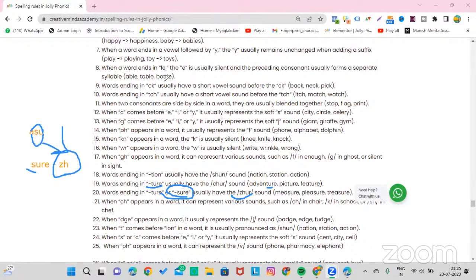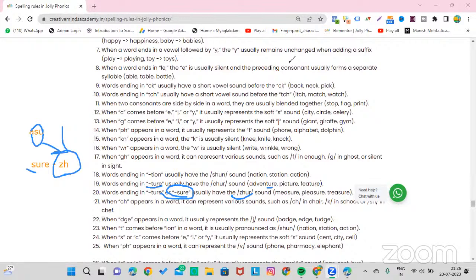Now, can anyone think why the word pressure does not have the zh sound? Who will write in the chat box? There are two vowels, no? What is the spelling of pressure?